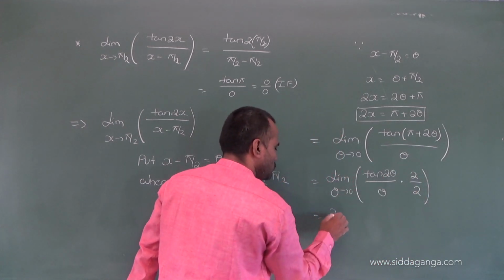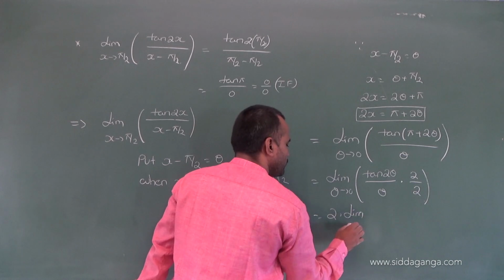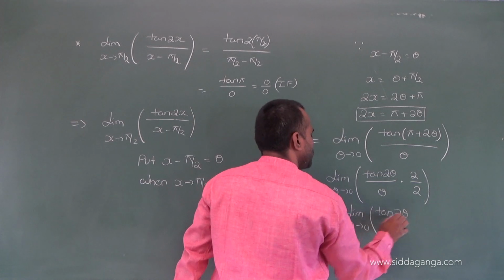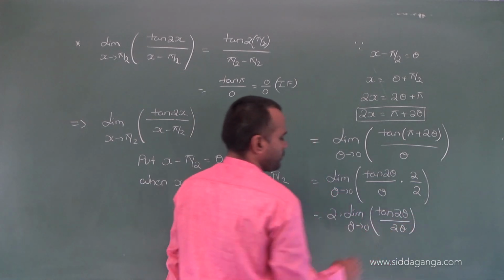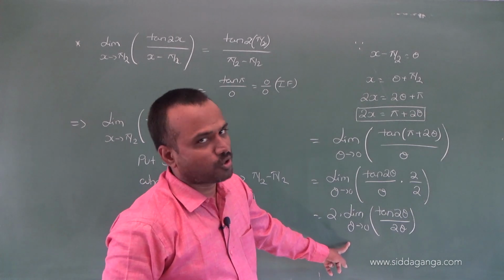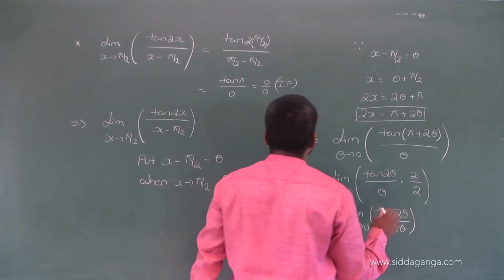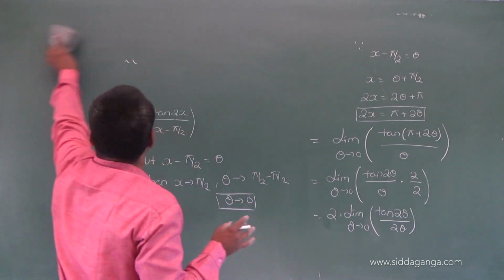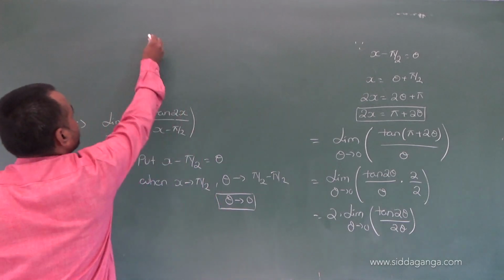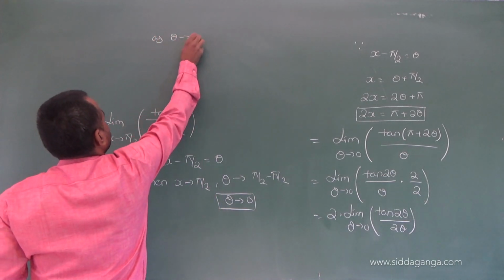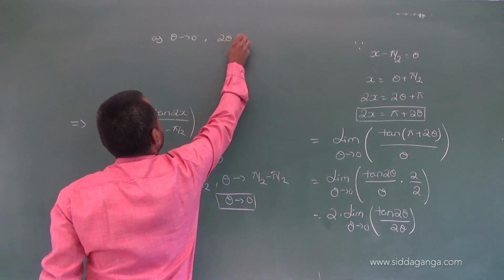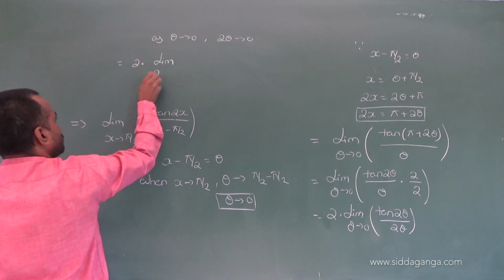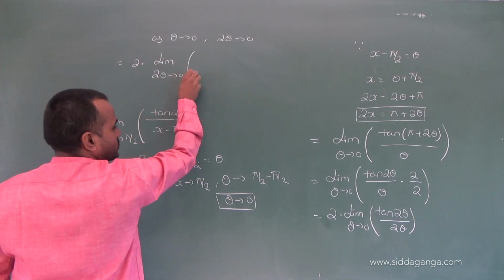We write 2 outside, 2 into limit theta tends to 0, tan 2 theta divided by 2 theta. As theta tends to 0, no doubt 2 theta also tends to 0. So I write here, as theta tends to 0, 2 theta also tends to 0, 2 into limit 2 theta tends to 0, correct?